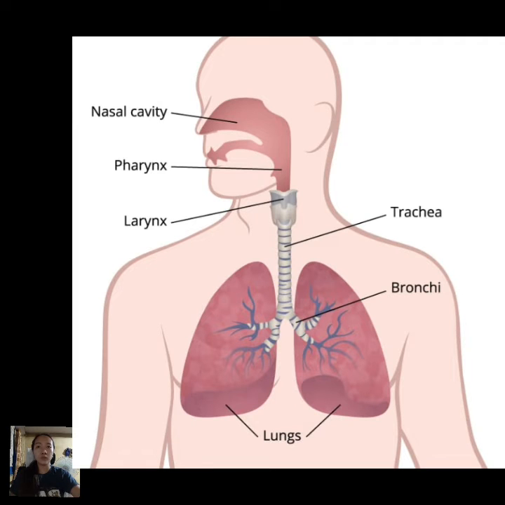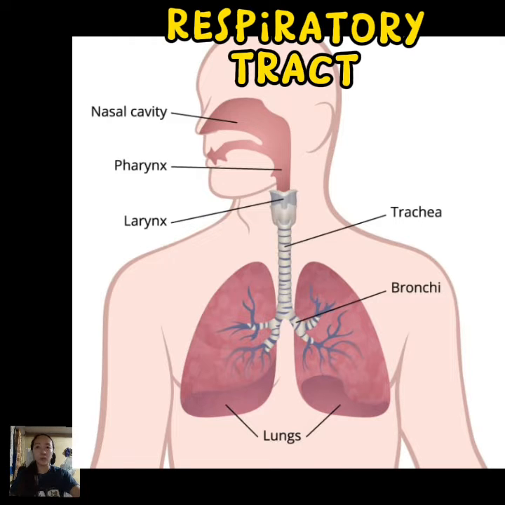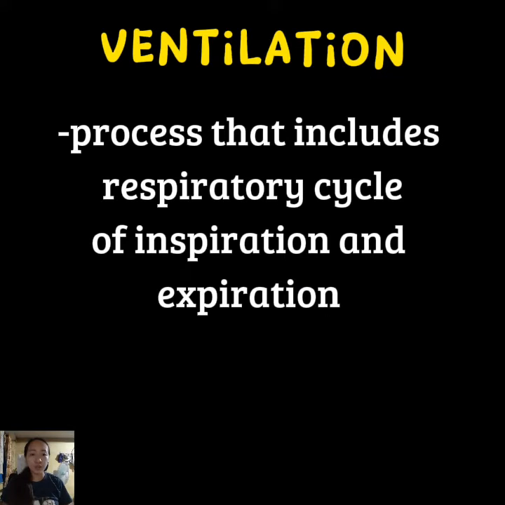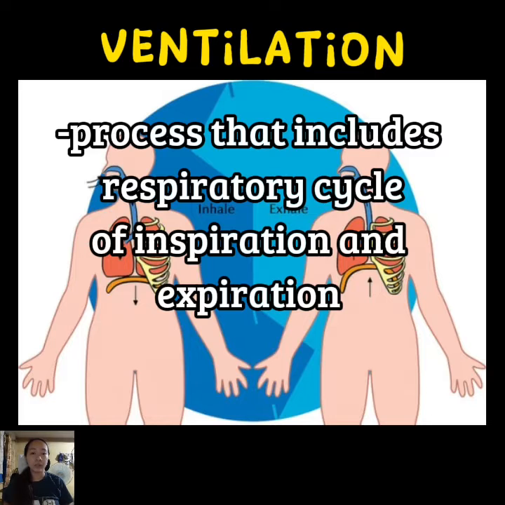So let's begin with the respiratory tract, which consists of the nose and the nasal cavity, the pharynx, the larynx, the trachea, the bronchi, and the lungs. Process of ventilation in the respiratory structure includes the respiratory cycle of inspiration and expiration.